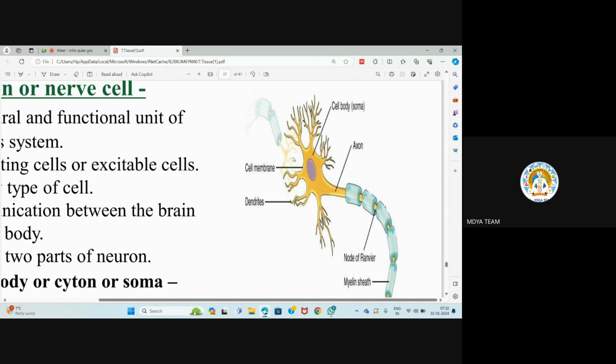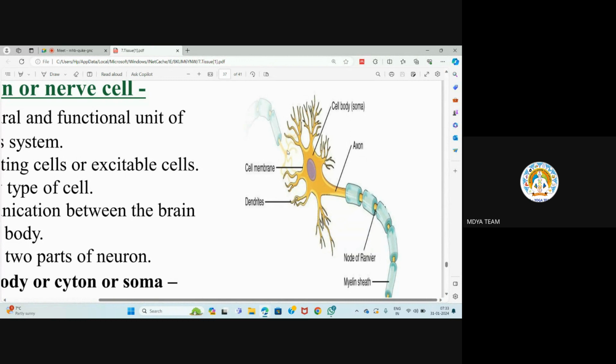Where they are meeting, they are not touching one another completely. The axon terminals of the previous neuron will not touch the dendrites of the current neuron. There will be a synaptic gap. So how then will the communication occur?